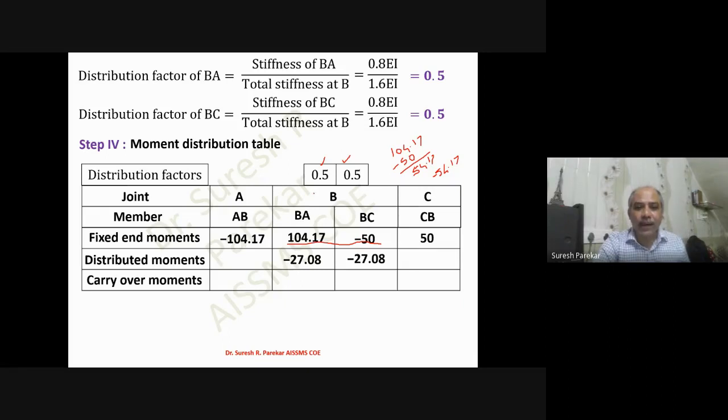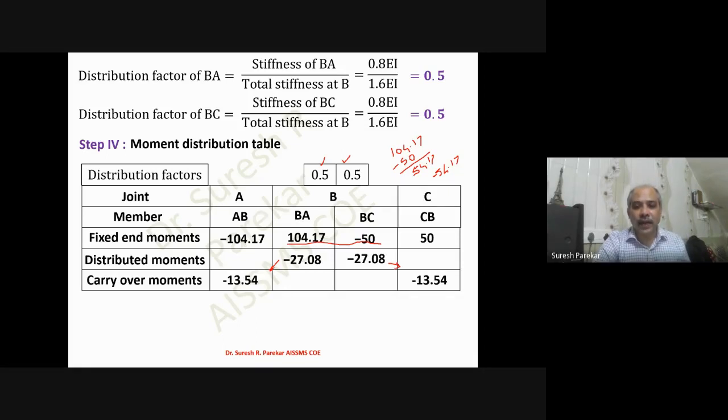We have applied this at joint B, so half we have to transfer to A and half to C. Keep in mind, for BC we transfer to C, and for BA we transfer to A. We have applied moment at B, and the far end for BA is A, so it should be on this side. We have carryover moment on both sides, and this should be half.